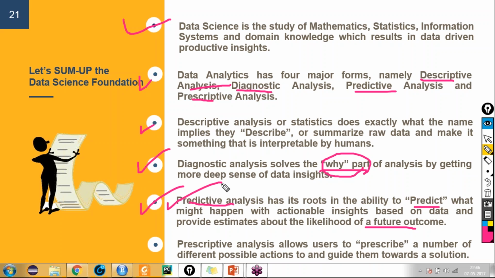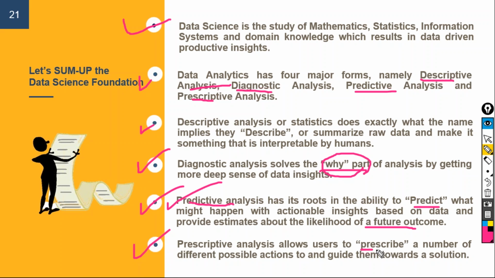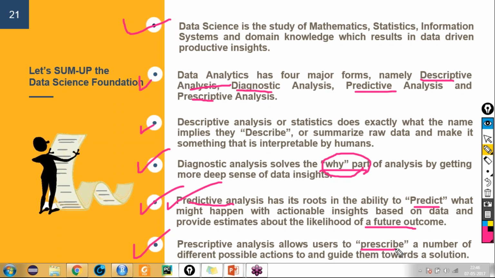So simply it does nothing but the modeling and machine learning part to predict what could happen in the future, right? And then we come to prescriptive analysis, which is prescribing the solution, different kinds of solutions for a problem, and then choosing one out of them, right?